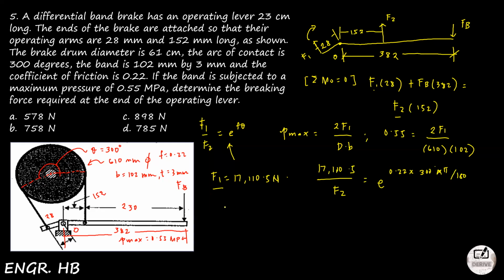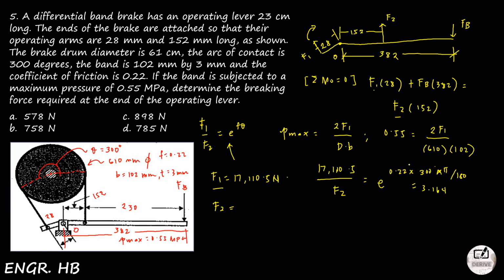So our F2 should be 0.22 times 300 times pi divide 180, e raised to, so that will become 3.164. Lagay ko na rin dito as your reference.